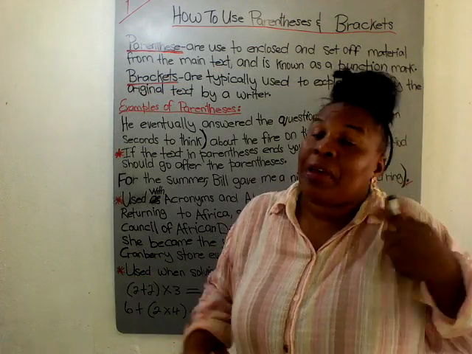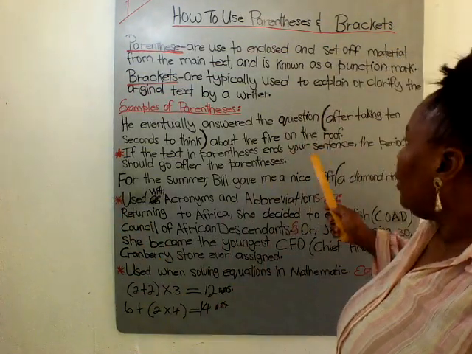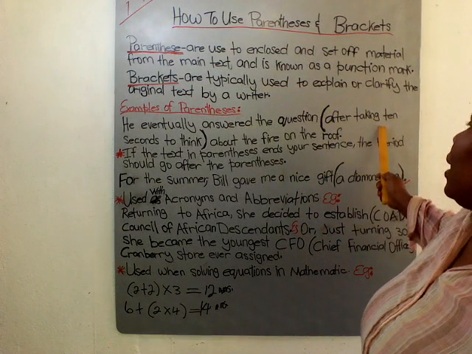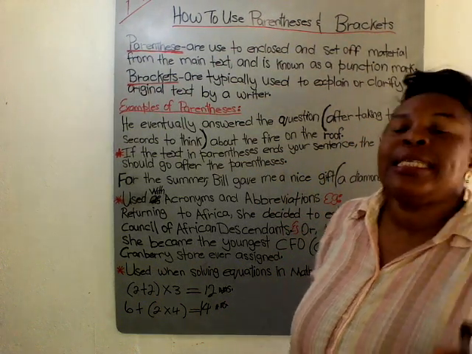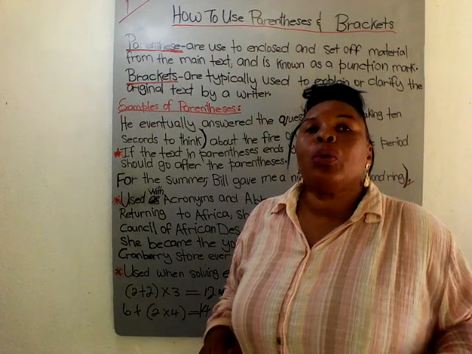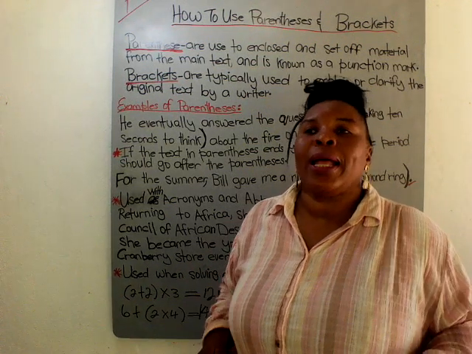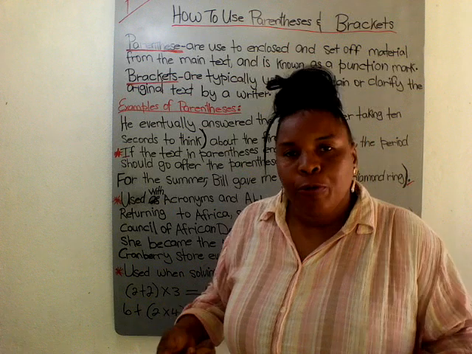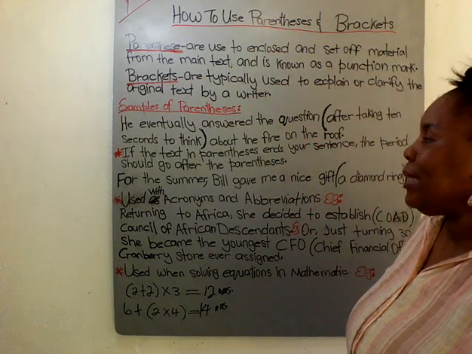Whether he caused the fire or not, I don't know. But you put in brackets, after taking 10 seconds to think. So when the reader reads that, they will know that that person paused for a while before answering the question fully. Alright, so that is one example.